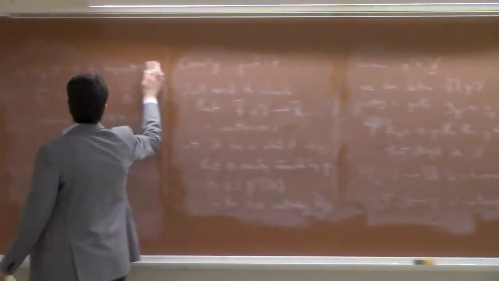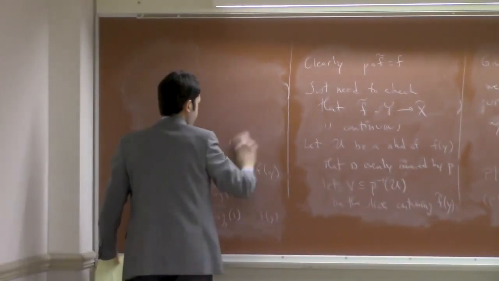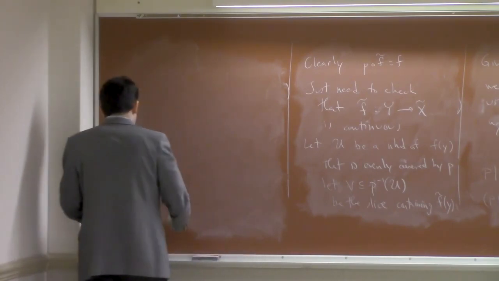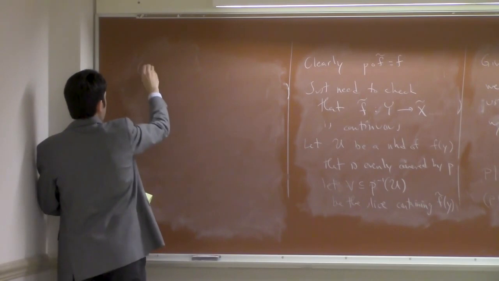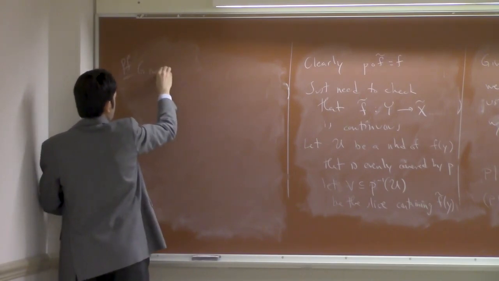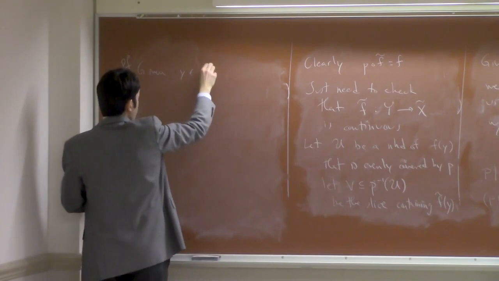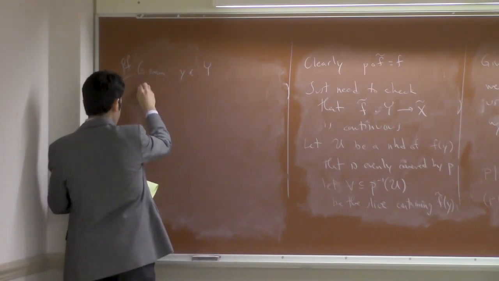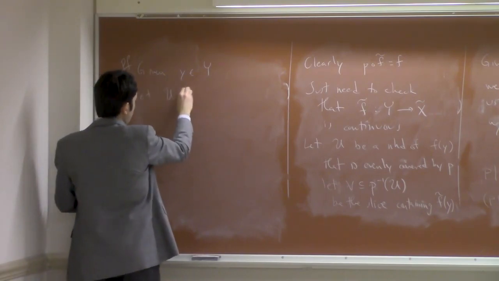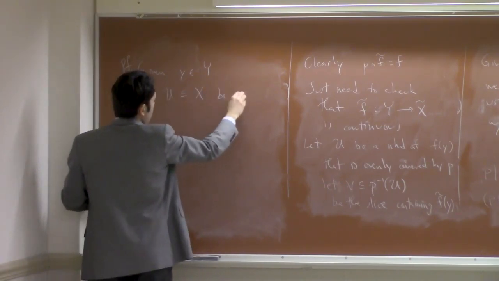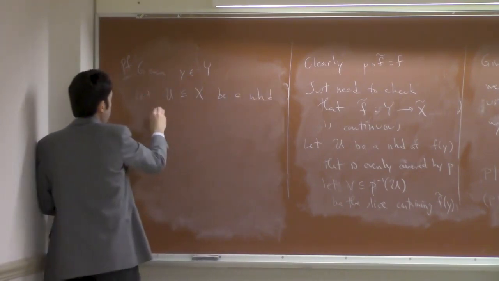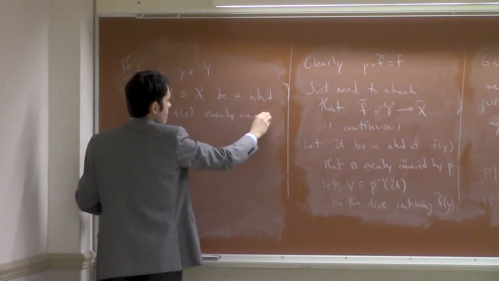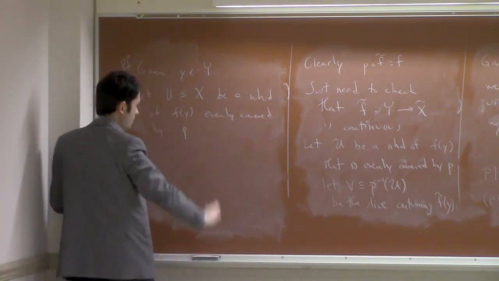So this, of course, is easy. Let's say you look at a point in Y, and let U in X be a neighborhood of f of y that is evenly covered by p.